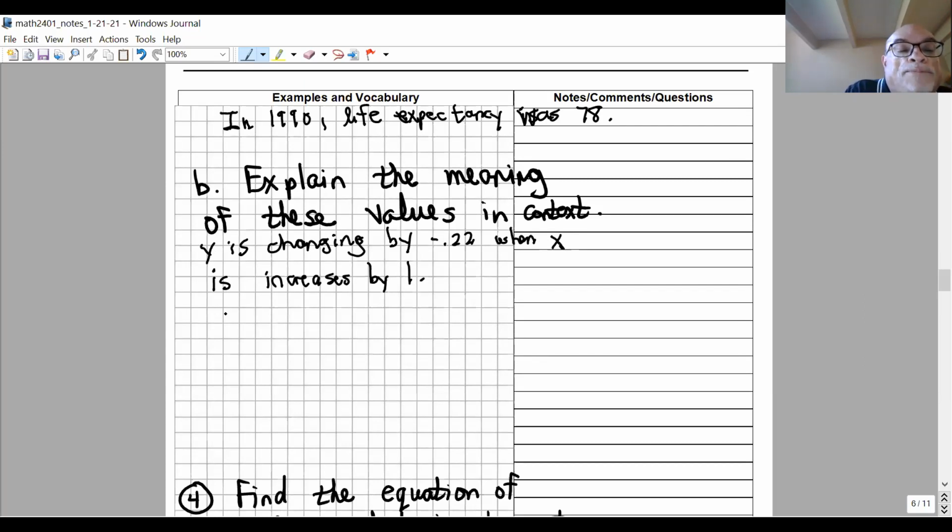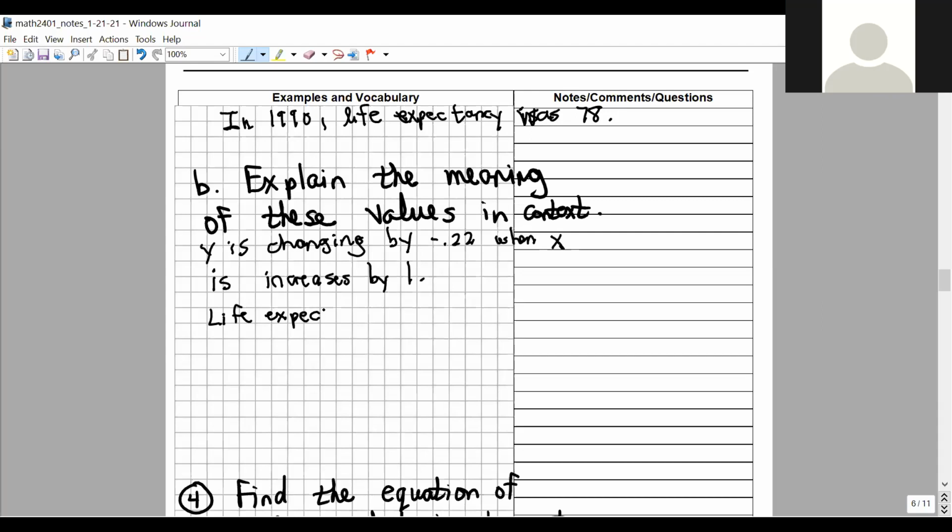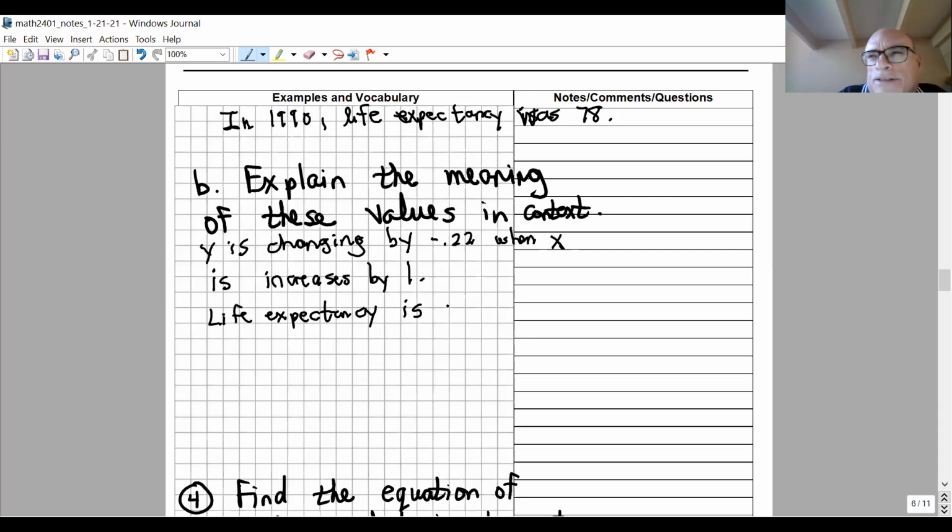You just said it before. Life expectancy. Yeah, so life expectancy is changing, but this is negative, so we don't have to say changing by a negative amount. If you're changing by a negative amount, what's happening?